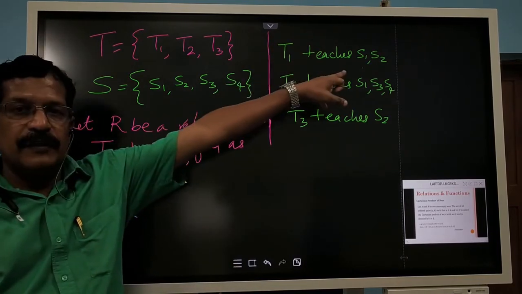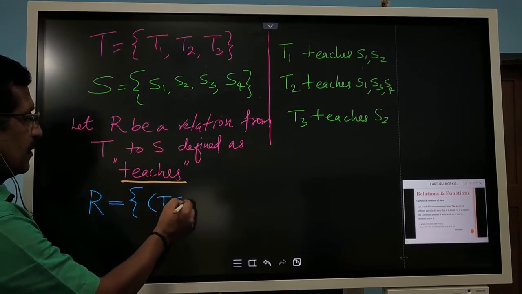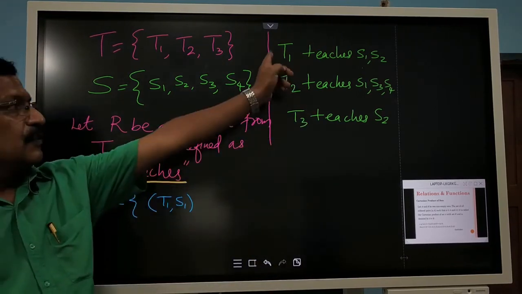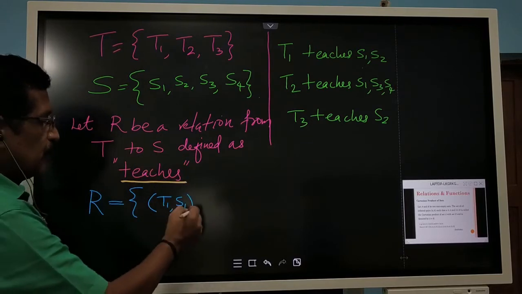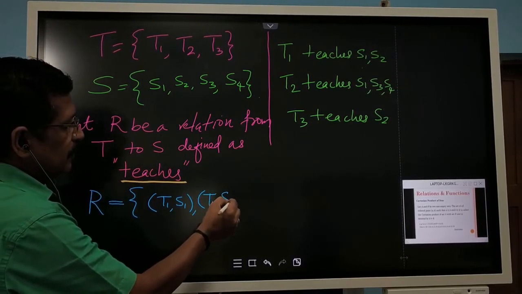Teacher 1 teaches S1, so I can write as ordered pair (T1, S1). Teacher 1 teaches S2, student 2, so ordered pair (T1, S2).